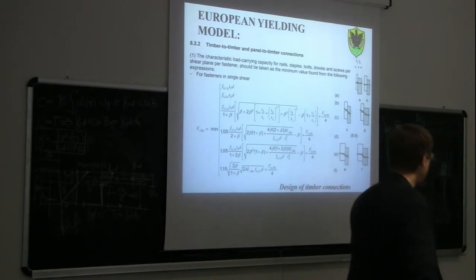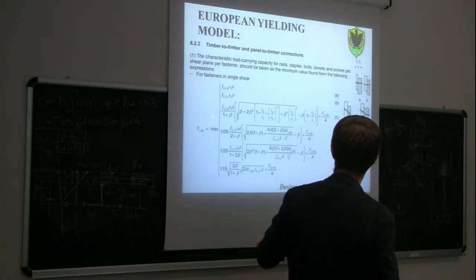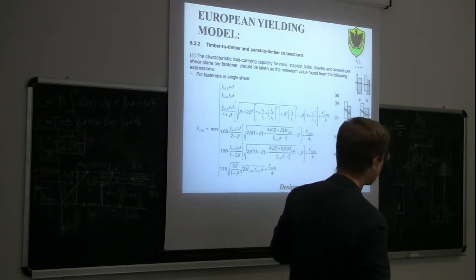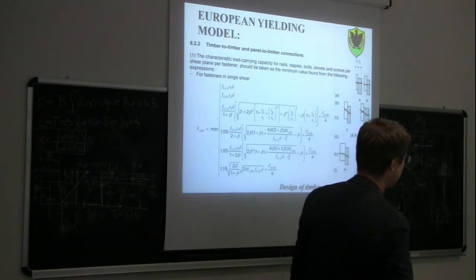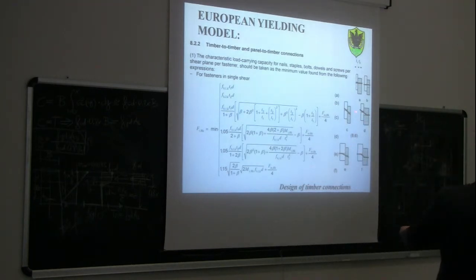Then we have a third failure mechanism, the one indicated by C. In this case, we have crushing or embedment in both timber members, right and left, with inclination of the fastener. So the fastener in some way is going to get inclined in the direction of the pull-out force, and is going to crush both timber members. Note that also in this third case, we have no fastener plasticization.